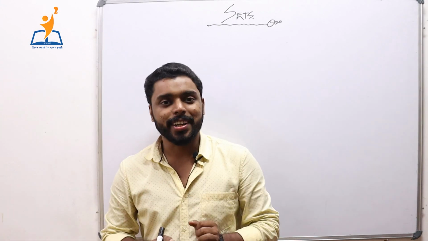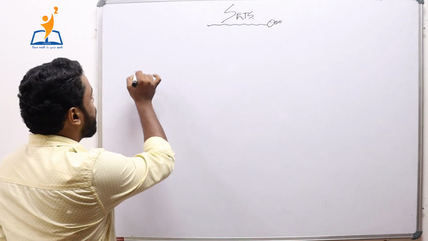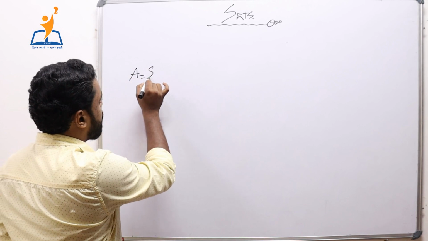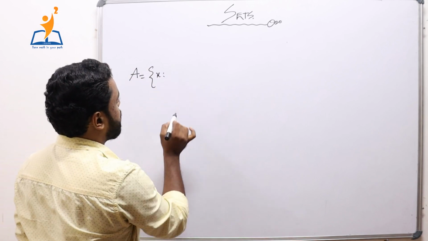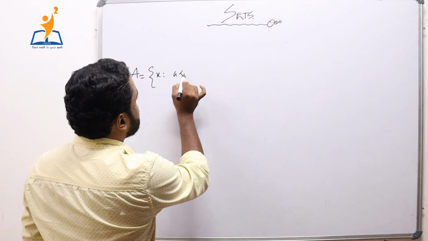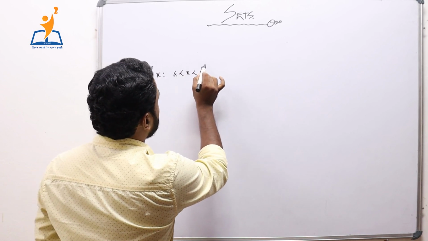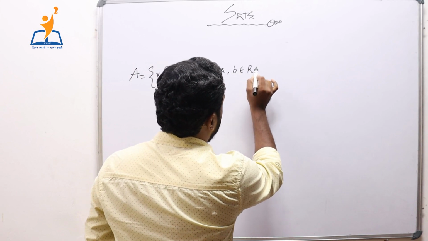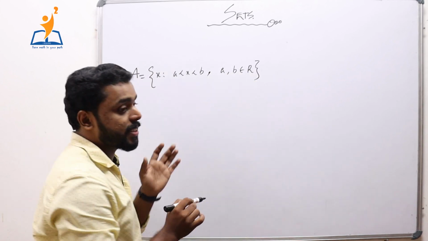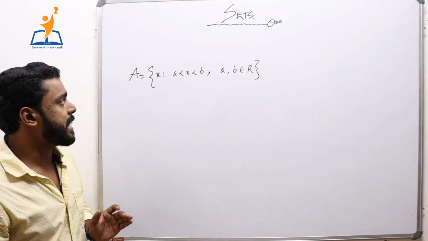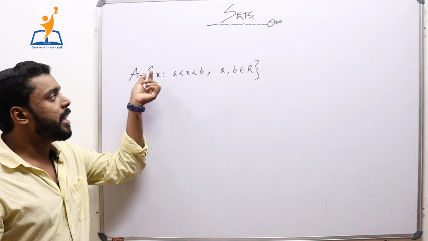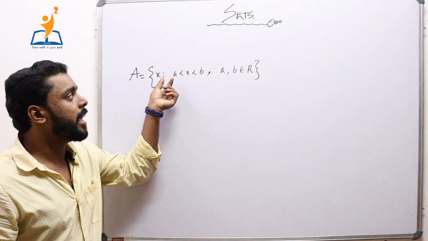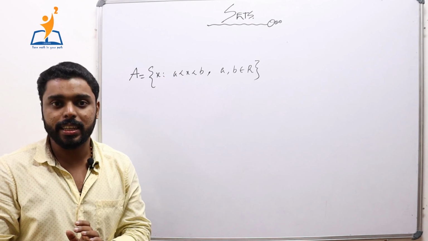Now we shall consider a set. Let A be the set of all x such that a less than x less than b, where a, b are elements of R. Which means that x must be one among the real numbers in between a and b, isn't it?